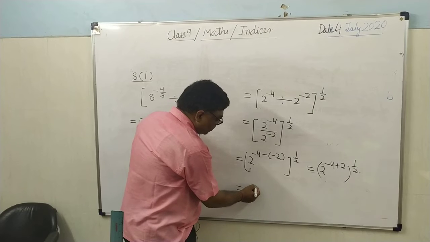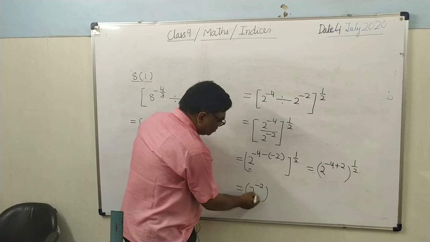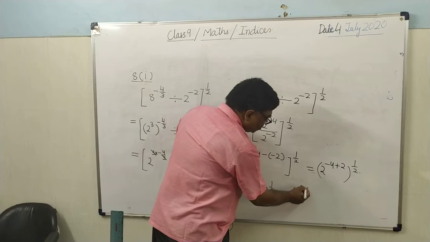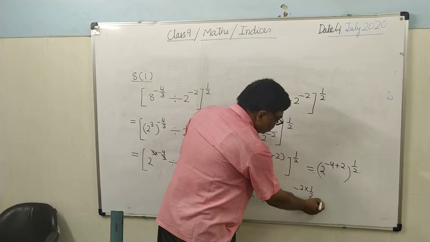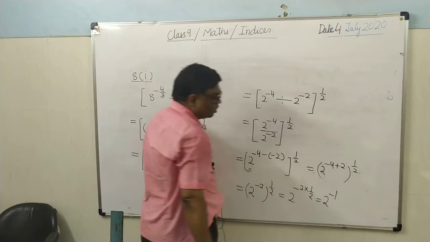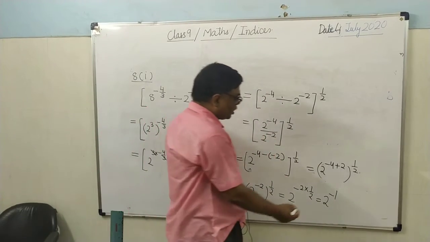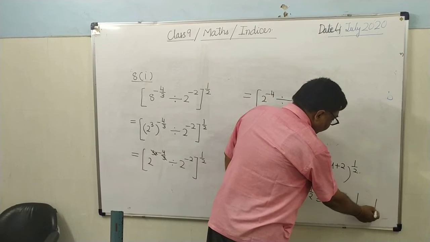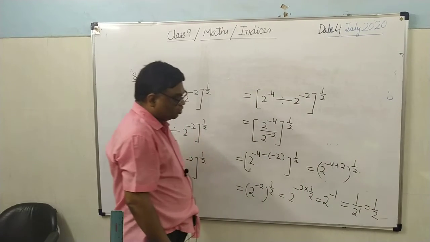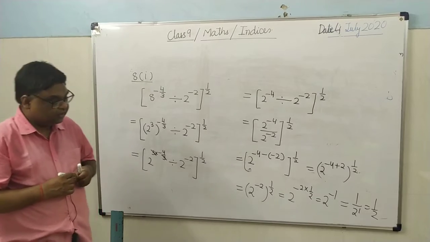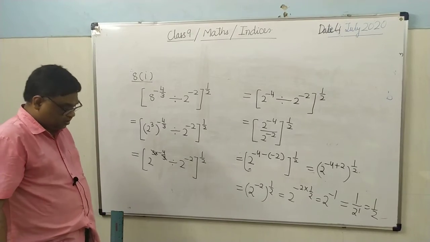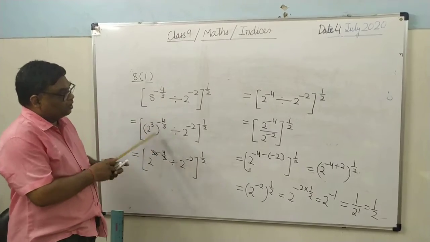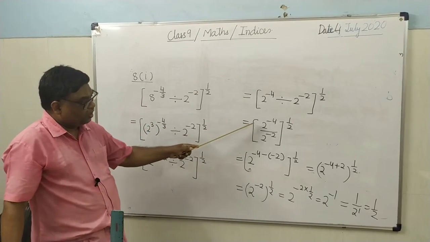On further simplifying, 2 to the power minus 2 into 1 by 2, that is 2 to the power minus 1. 2 to the power minus 1 you can write as 1 by 2 power 1, that is 1 by 2. So you see once again, after writing this way, what will you do?